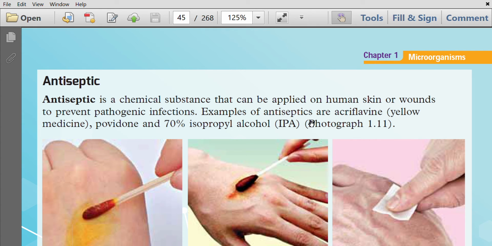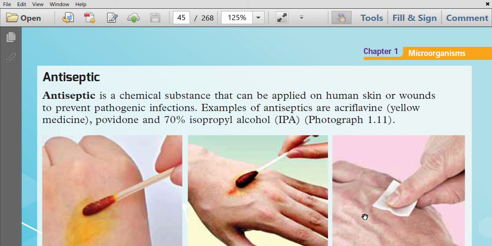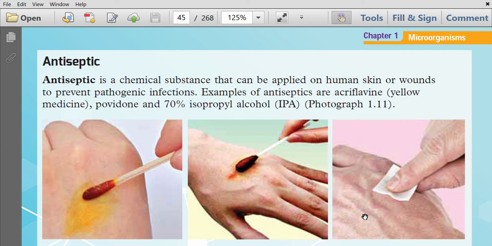Examples of antiseptics are acryflavin, this yellow solution or yellow medicine, providone, and 70% isopropyl alcohol, IPA. This is the one that normally we use for sterilizing our hands to prevent COVID-19. This is a 70% isopropyl alcohol.